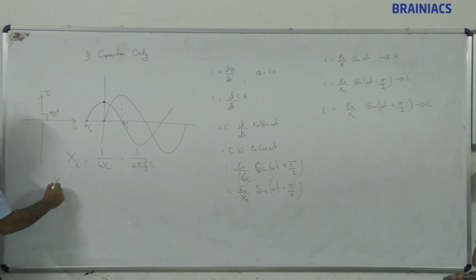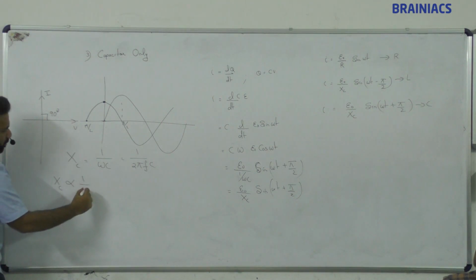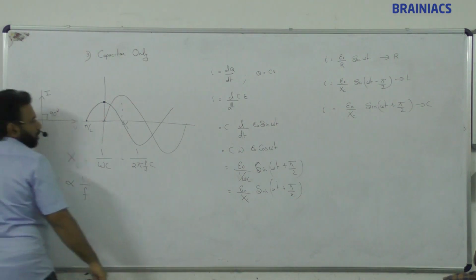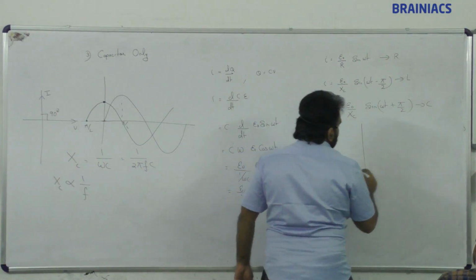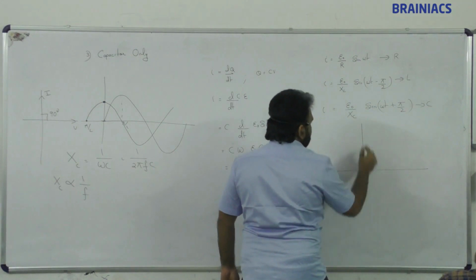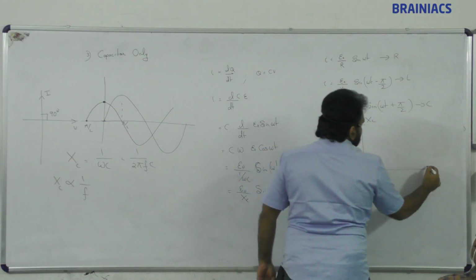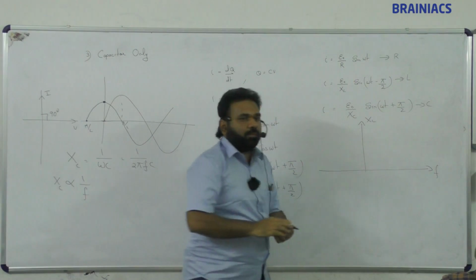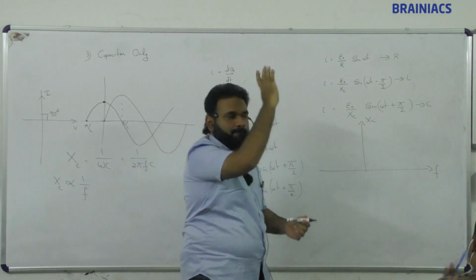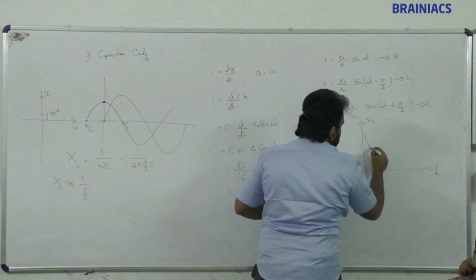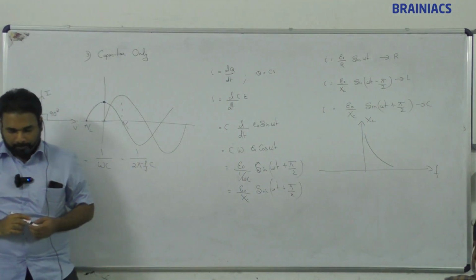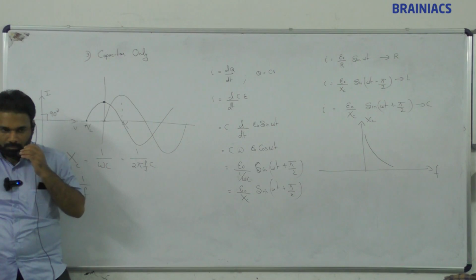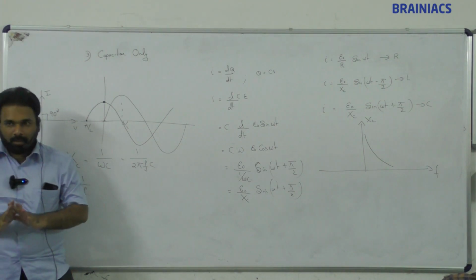So here XC is inversely proportional to the frequency. Inversely proportional means always what? Suppose this is XC and this is f, inversely proportional means a hyperbola. It is going to be like this.